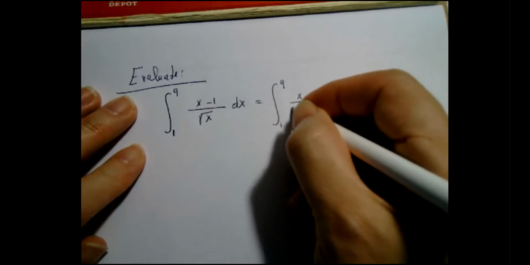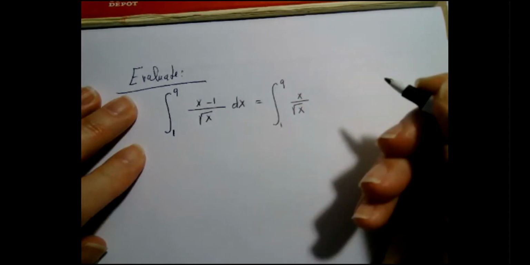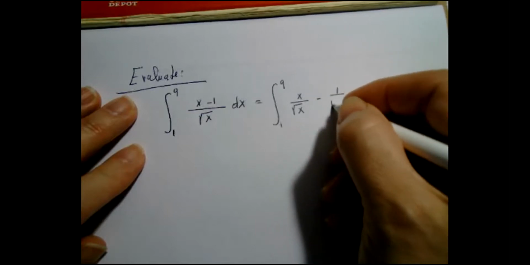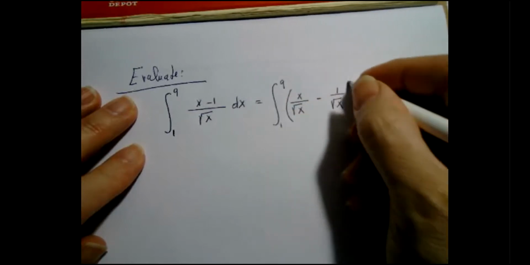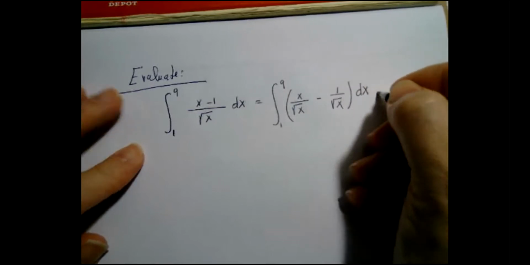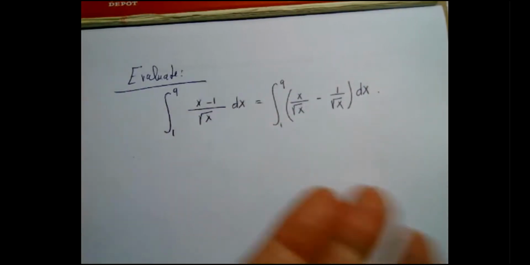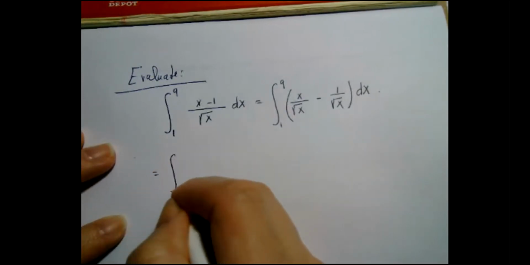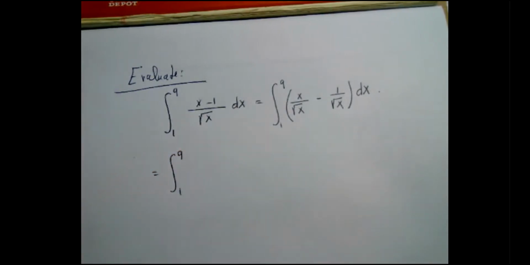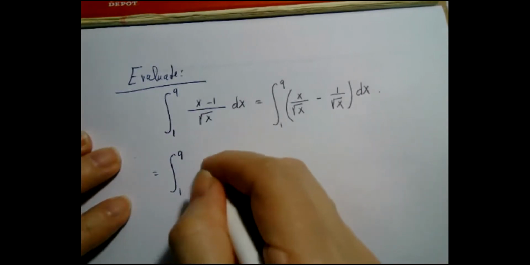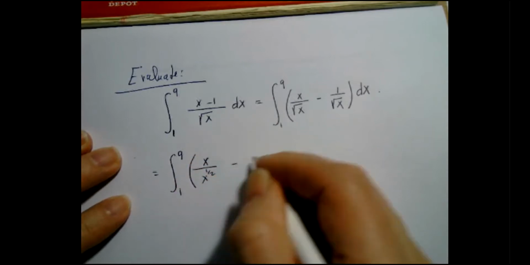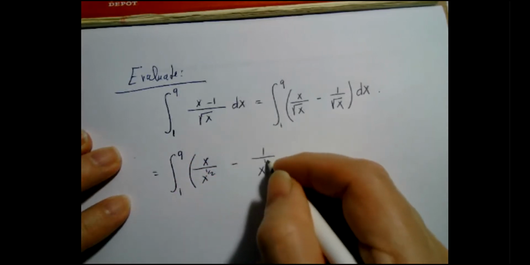So I'm going to do x over the square root of x, minus 1 over the whole thing, dx. Now, as I said a million times, integration does not work well with square roots. Whenever you have a square root, we have to write it as x to the power of a half: x over x to the half minus 1 over x to the half.